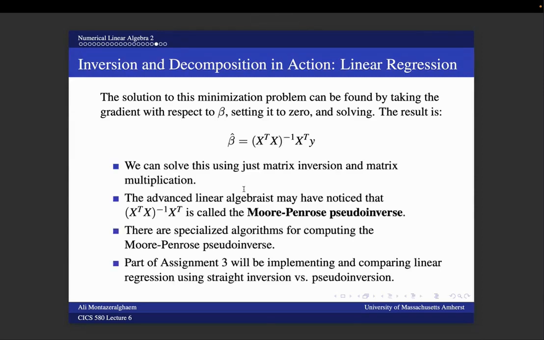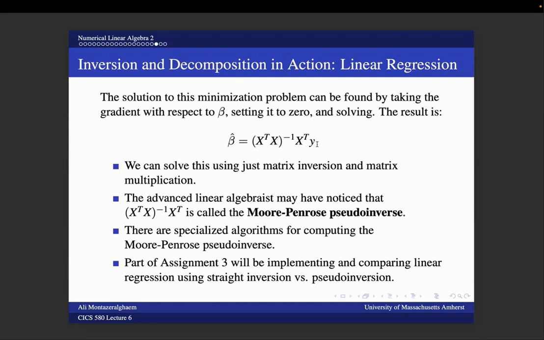We can solve this using just matrix inversion and matrix multiplication, and advanced linear algebra. Also you may notice that by getting the inverse of x transpose x, and then multiplying it by x transpose multiplied by y, we can find beta hat.